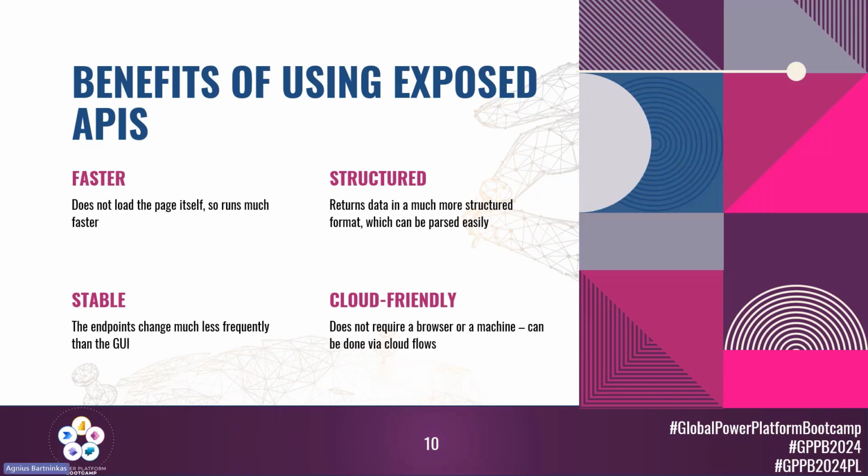Even if something is added or removed, it does not necessarily break anything. So what this means is that if we go with this approach, it results in significantly less support and maintenance needed when the flow is live.